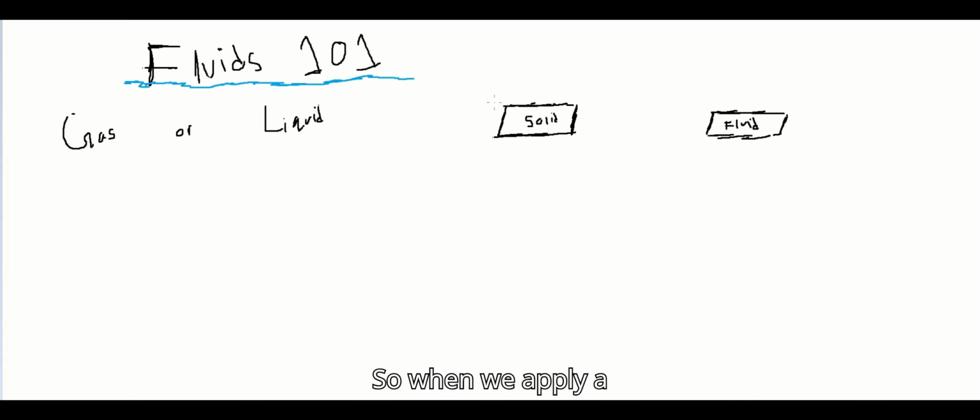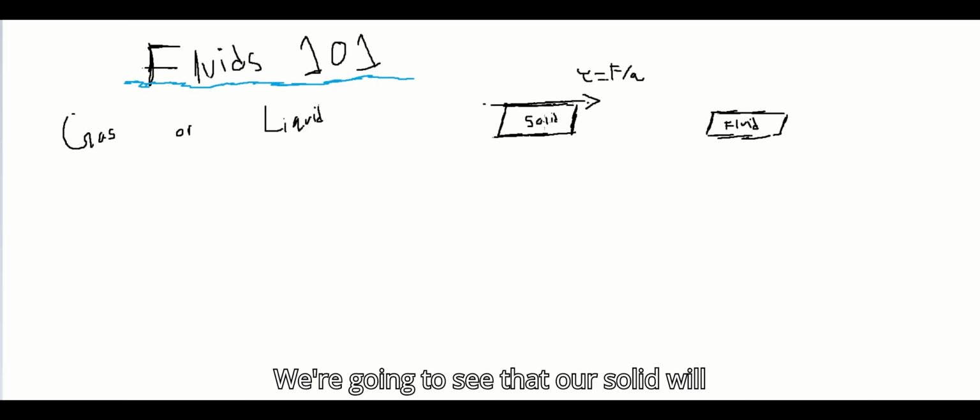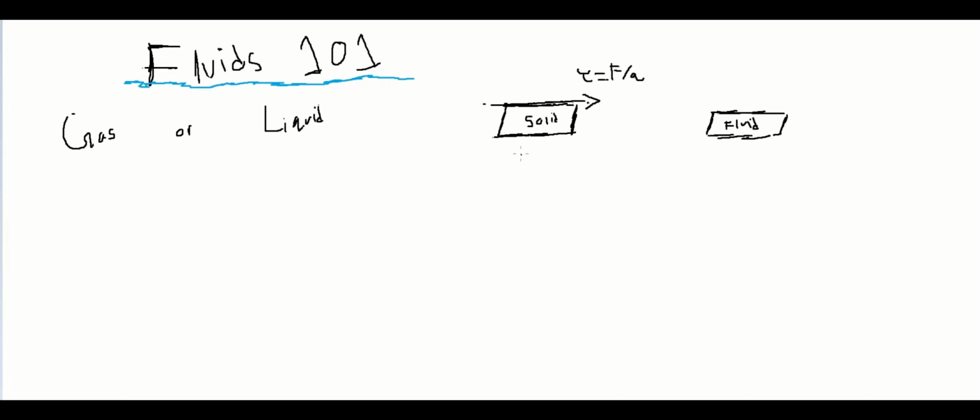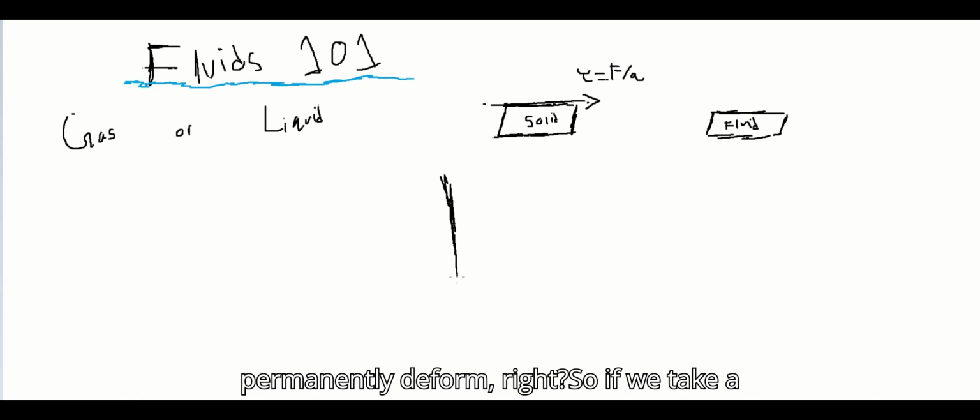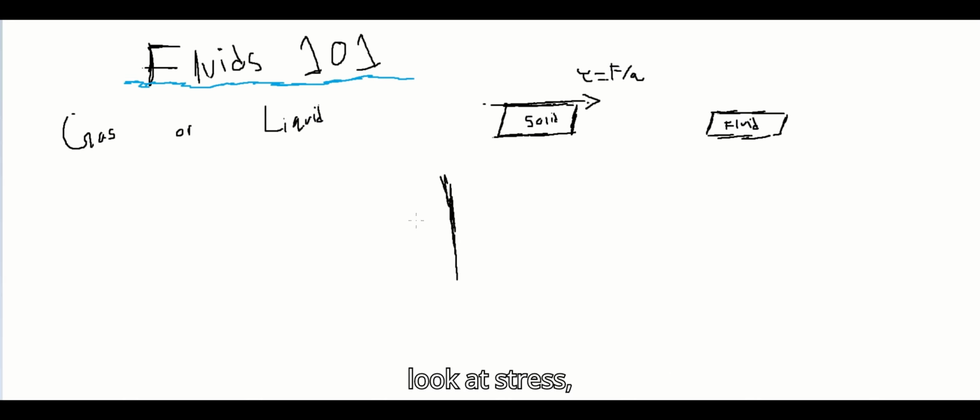So when we apply a shearing stress this way, we're going to see that our solid will deform to an extent, and after that the solid will either return back to normal or it can permanently deform, right?